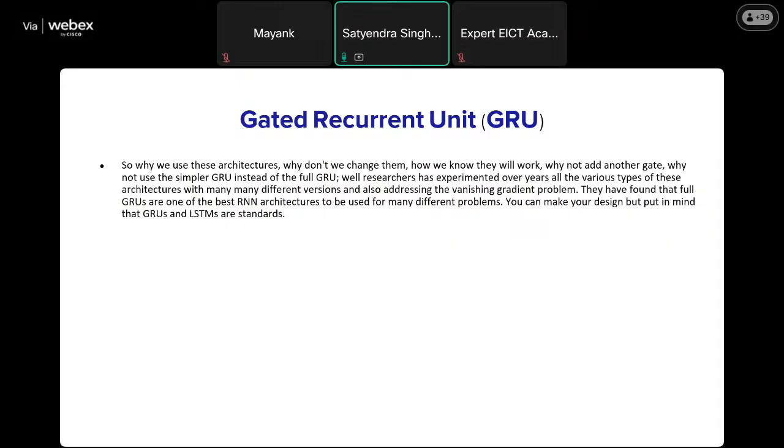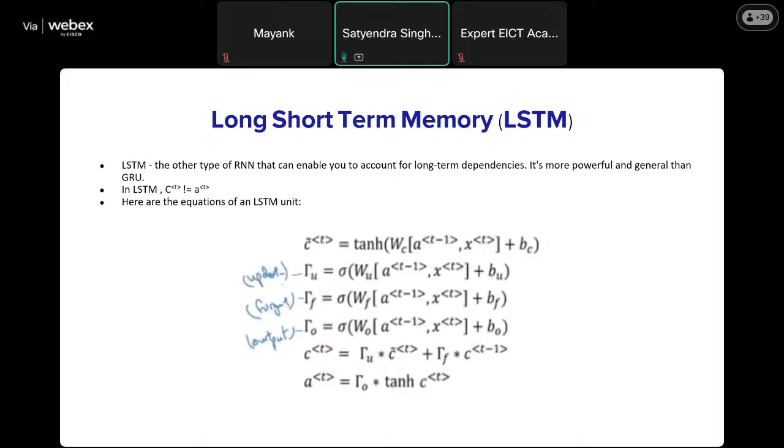However, as a researcher, you can introduce new gates or experiment with a different GRU architecture or full GRU architecture based on the problem that you are solving. Taking an enthusiastic approach, you can come up with variants of GRUs, full GRUs.